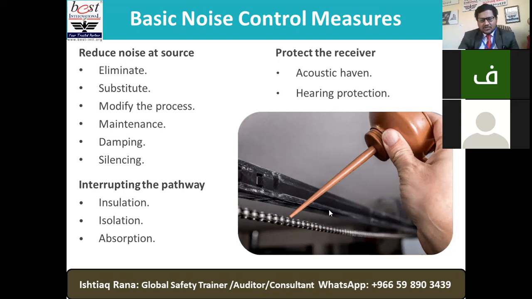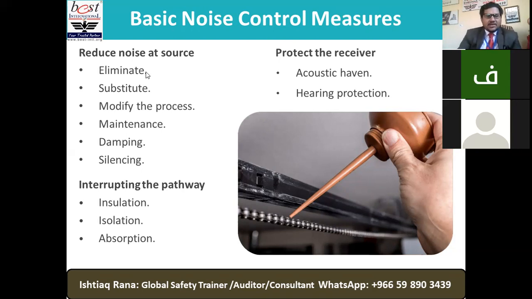Look at the picture also. Might be some lubrication or greasing required, and it's all okay. Might be you need to change a belt or bearing, or maybe a part of that machine. You just eliminate it and bring the new one, and it's all done. The noise goes down. Maybe some fencing, maybe some guarding of that noisy area is required.